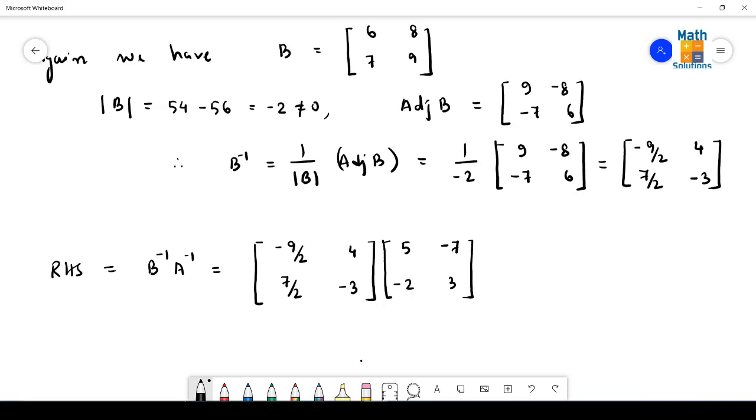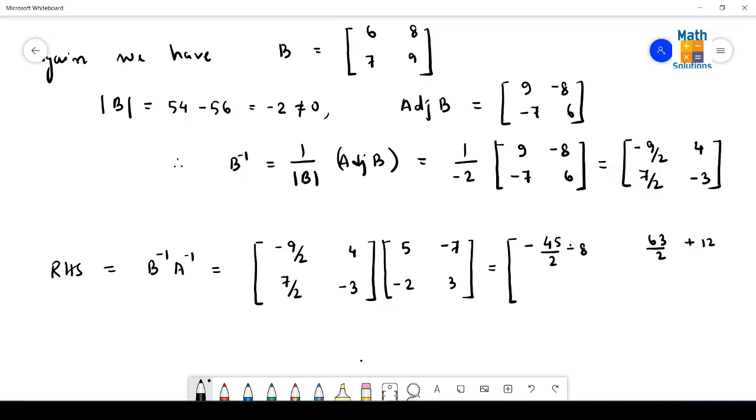Now let us evaluate. We already know matrix multiplication, so it is minus 45 by 2 minus 8. Then 63 by 2 plus 12.